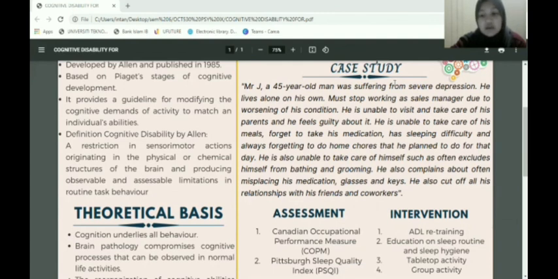So the patient will not feel isolated from others, as they are able to understand each other.